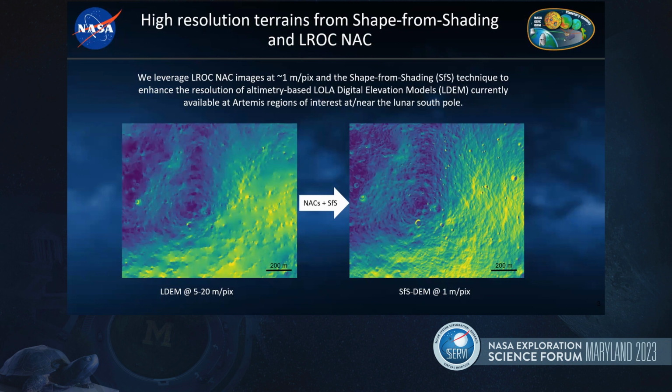So these models that you see here on the left in an example, we use the information in the NAC images to introduce into these models local small-scale terrain features and topography down to 1 meter per pixel, which is the typical resolution of the NAC images.